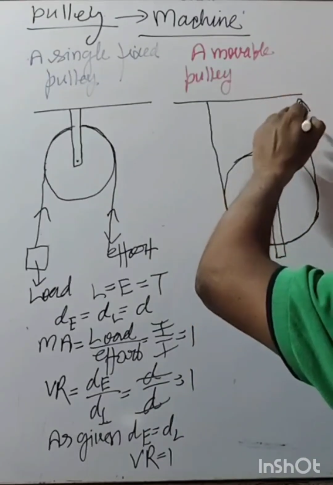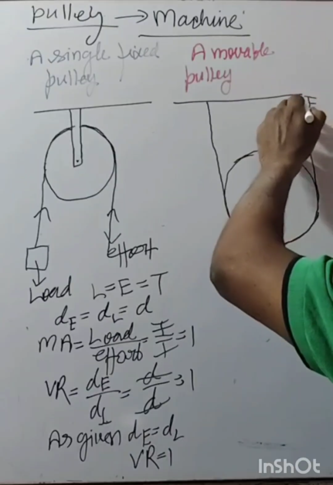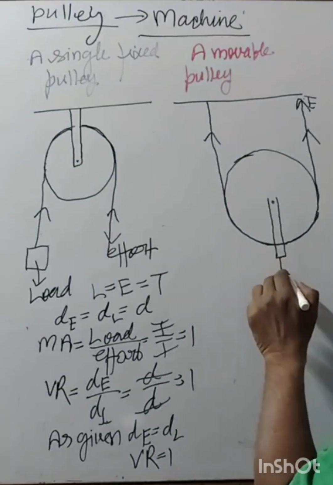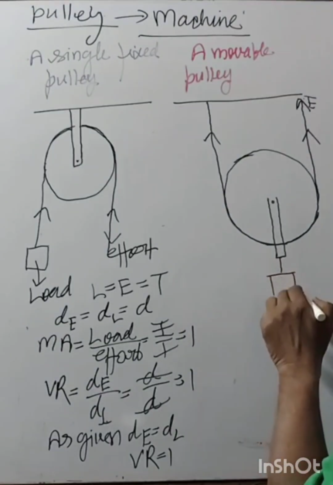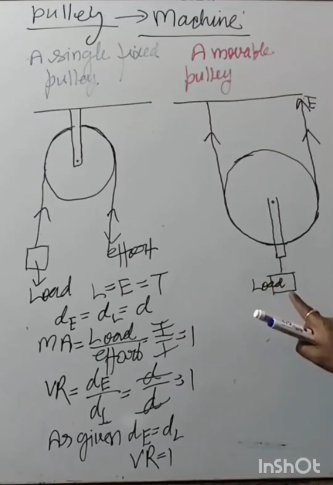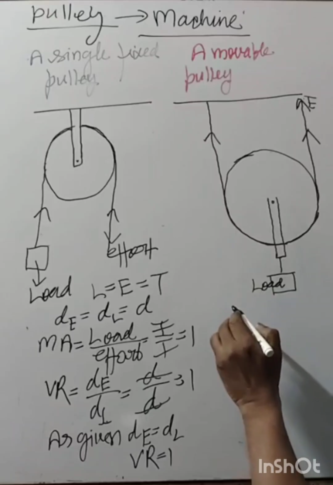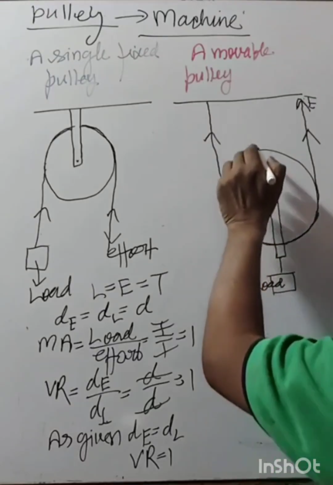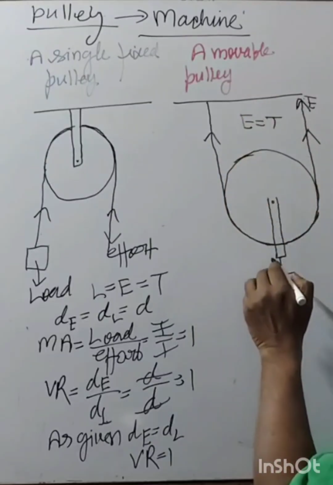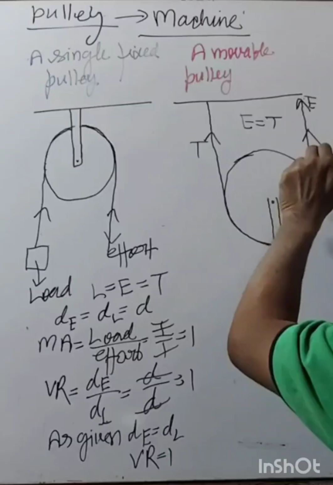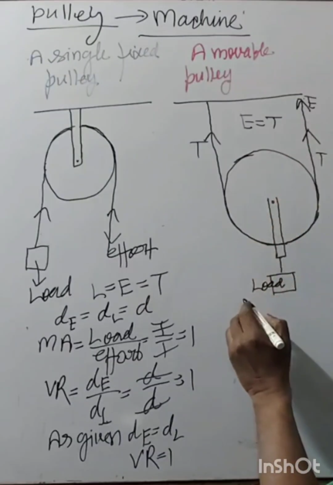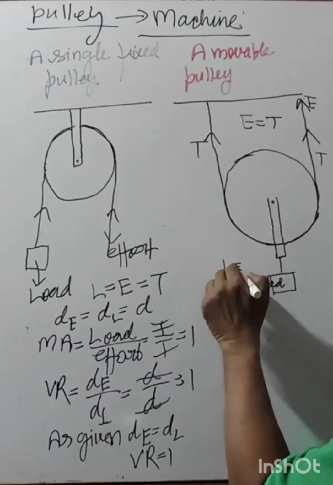So this is the effort. Tension is also on this side and load is here. So you just see here, effort is equal to T. This is also T. This is also T. So effort is equal to T, but load is equal to 2T, right?